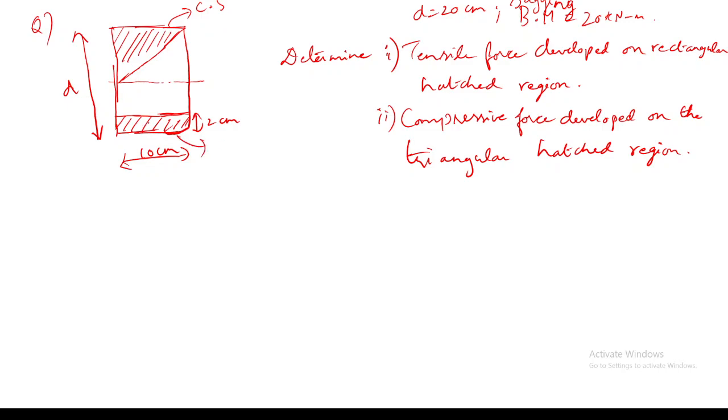We can call this 1 and this 2. In the top region it is compressive, in the bottom region it is tensile.